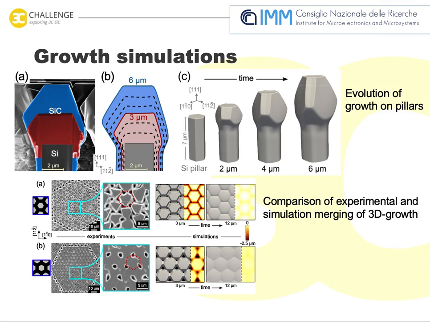The growth rate on the different phases has been introduced in the model. All this information has been used to simulate the merging of 3D growth on pillars using different mask designs, and this simulation has been compared with the experiment. The agreement is really good in this case.